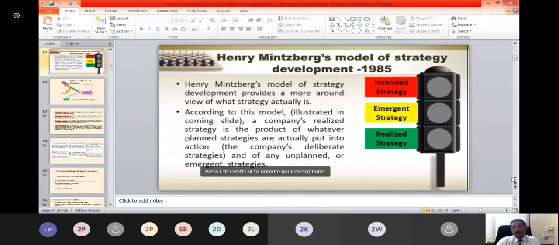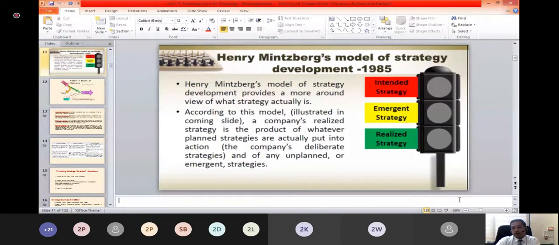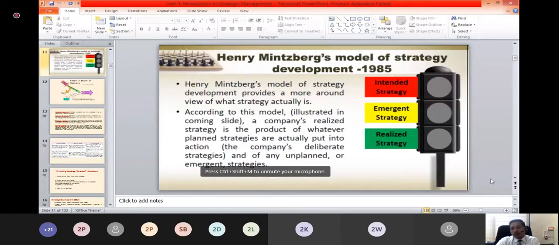Then Henry Mintzberg's model of strategy we discussed, wherein he used three different terms to explain how strategy is developed: intended strategy, emergent strategy, and realized strategy.